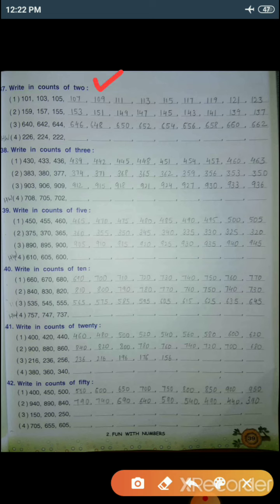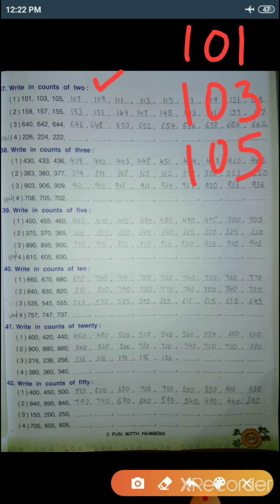So you can see here the question is 101, 103, 105. And you are going to fill in the gaps. And we are going to solve counts of 2. That means we need to add 2 in these numbers. So add 2, 5 plus 2, 7.